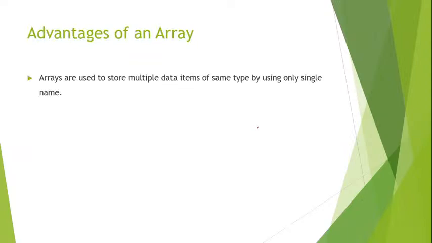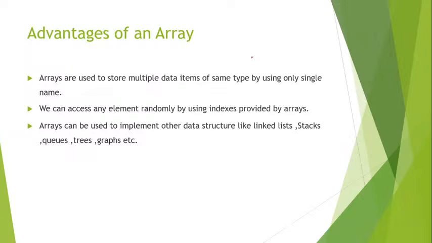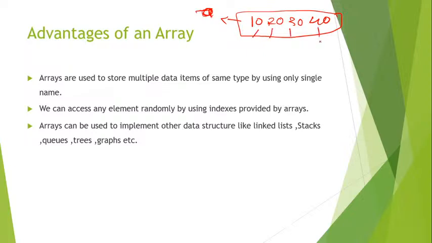After that, it has a lot of advantages and a lot of drawbacks as well. The first thing: all these elements like 10, 20, 30, 40 are stored under a single variable. By using this single variable, we can easily access 10, 20, 30 and 40. How can we access them?